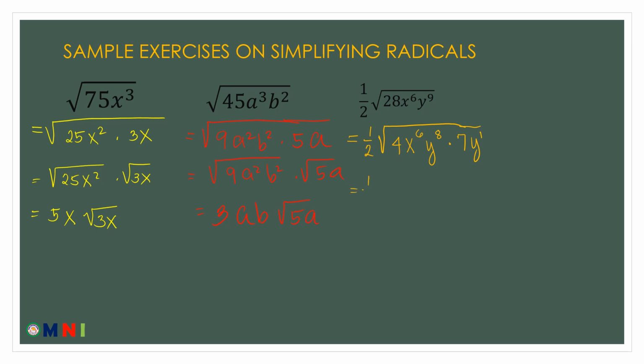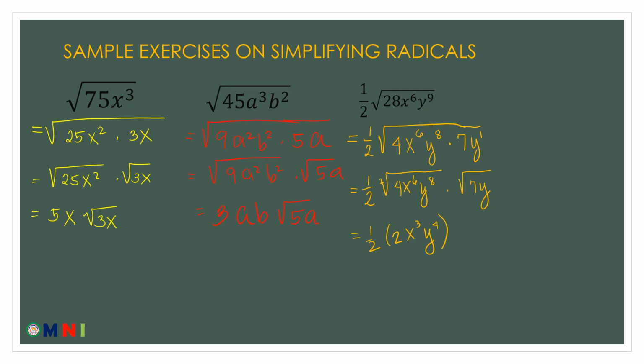Therefore, still copy 1/2. And then you separately solve them so it's easier for us to get the square root of a perfect square factor. And then we have 1/2. Square root of 4 is 2. Then square root of x to the power of 6 is x cubed, since 6 divided by 2 is 3. And then for y, 8 divided by 2 is 4.